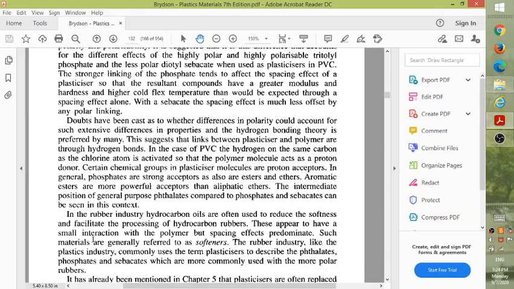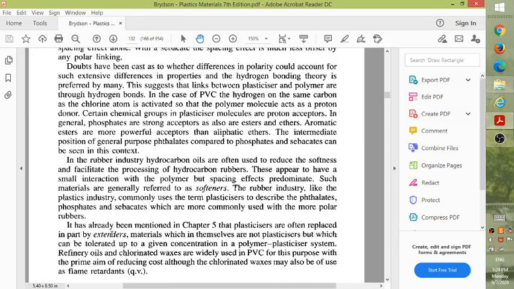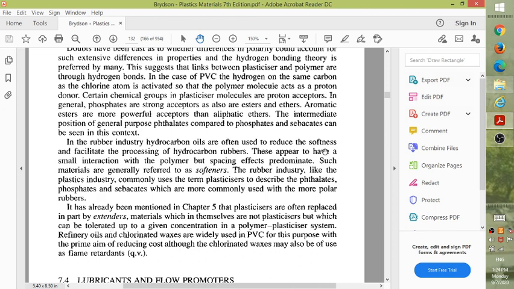In the rubber industry, hydrocarbon oils are often used to reduce the softness and facilitate the processing of hydrocarbon rubbers. These appear to have a small interaction with the polymer, but spacing effects predominate.